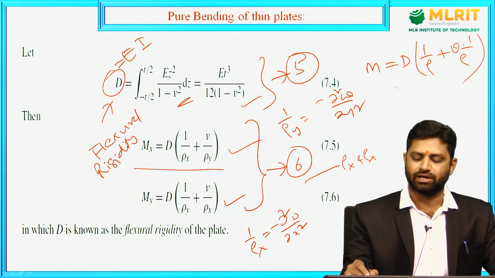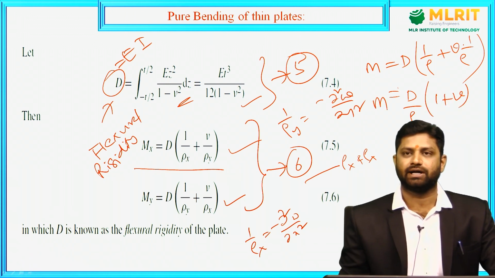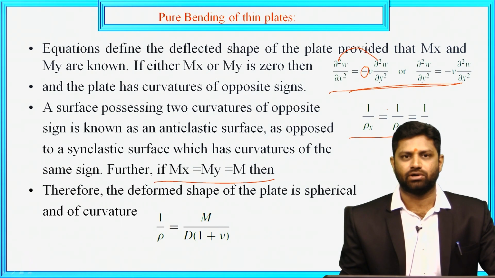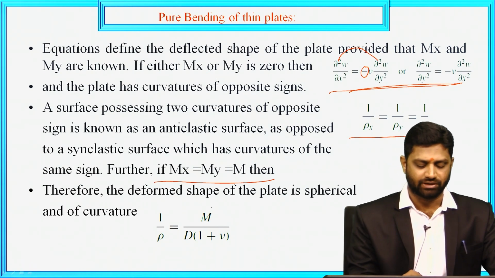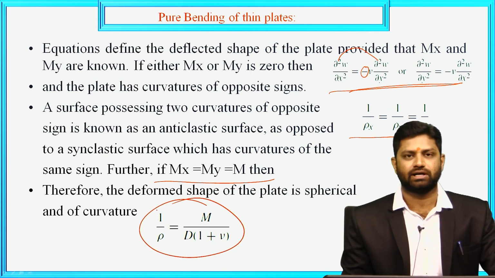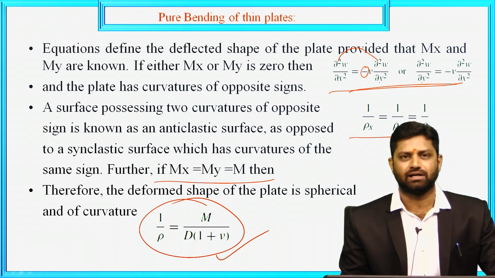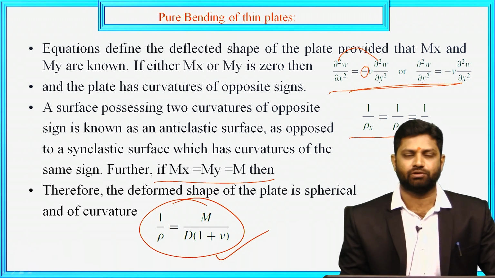So we can take 1 by rho common and get 1 plus nu. We get M equals D by rho into (1 plus nu), and when you rewrite that equation, you get 1 by rho equal to M by D into (1 plus nu). So this is the final result of this particular derivation.